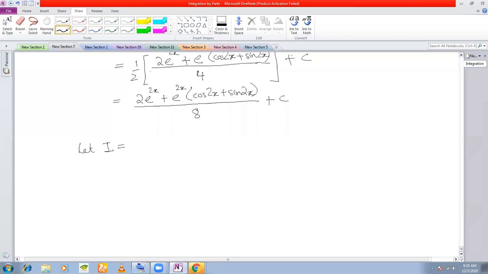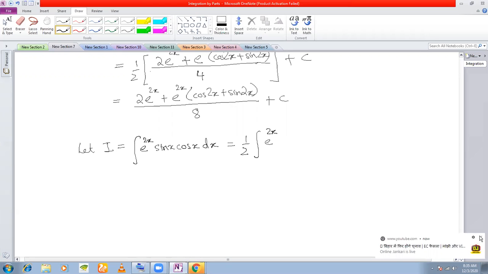Let me just give you hints on this one. Suppose you are given this kind of an integral, e to the power of 2x sine x cos x dx. How will you do this problem? See, sine x cos x can be converted to 2 sine x cos x, right? In this manner.